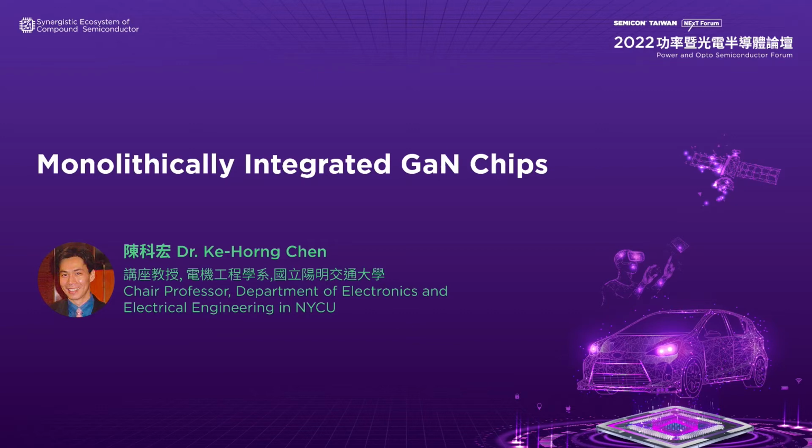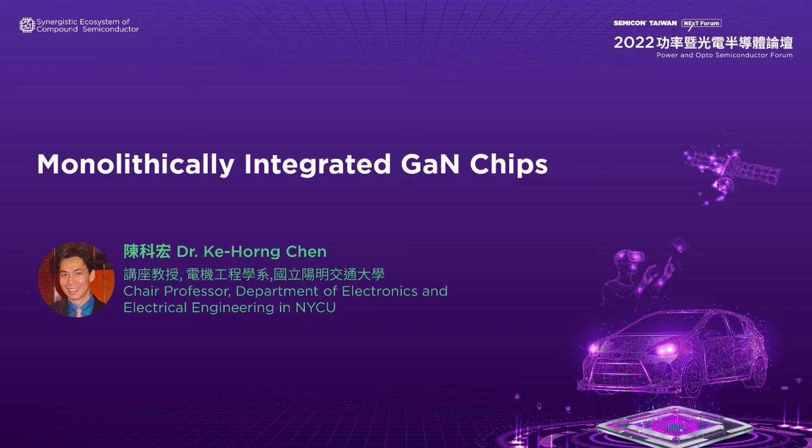And Dr. Ke-Horng Chen received the bachelor, master, and the PhD degree in electrical engineering from National Taiwan University. From 1996 to 1998, he was a part-time IC designer at Philips. 1998 to 2000, he was an application engineer at Avati. From 2000 to 2003, he was a project manager at ACARD, where he was engaged in designing power management IC.